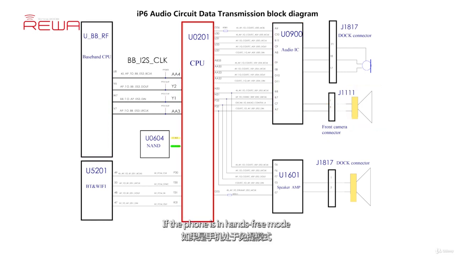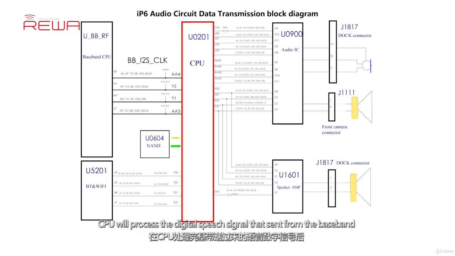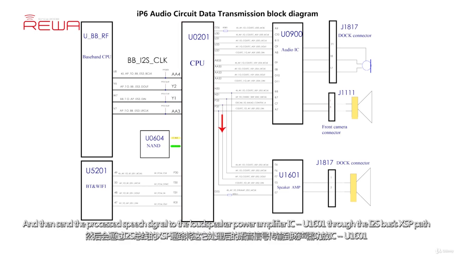If the phone is in hands-free mode, CPU will process the digital speech signal that's sent from the baseband and then send the processed speech signal to the loudspeaker power amplifier IC U1601 through the I2S bus's XSP pass.